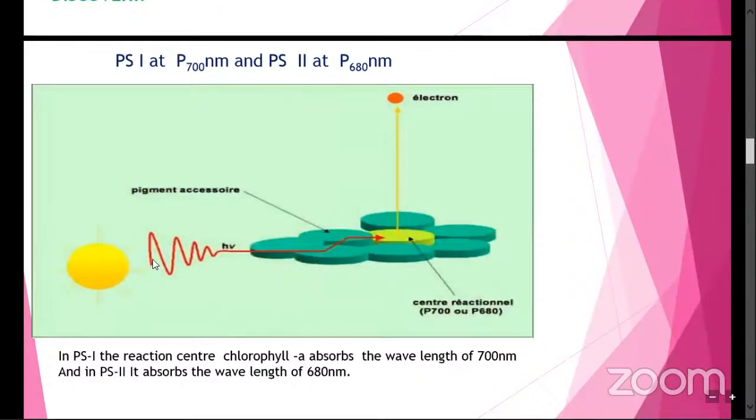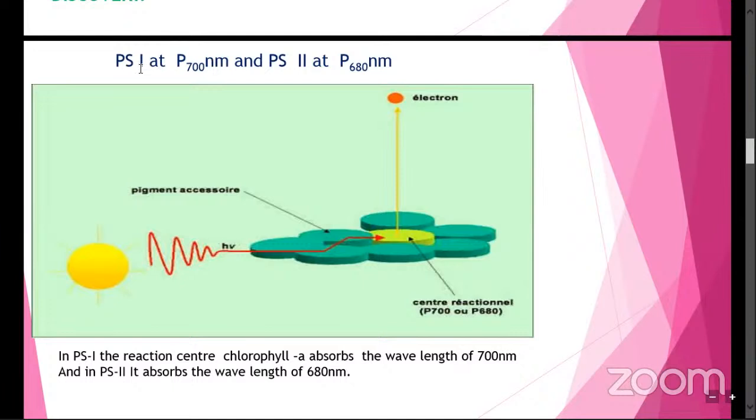Here also the same is explained. PS1, that means photosystem 1, pigment system 1, absorbs light of 700 nanometers wavelength, and PS2, pigment system 2, absorbs light of 680 nanometers wavelength. So we should remember this point.